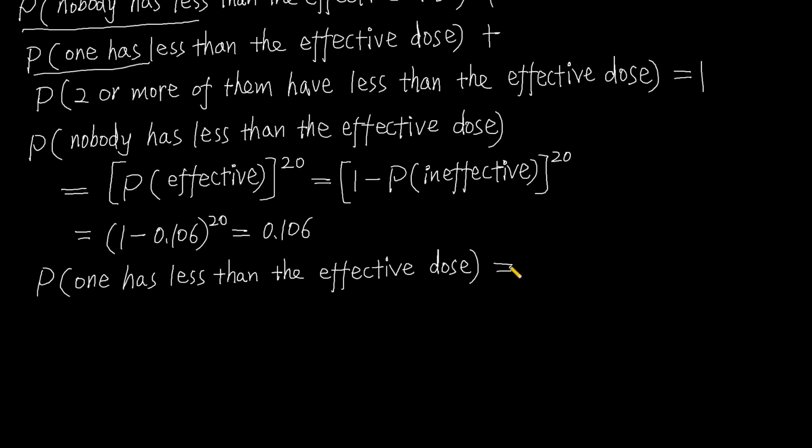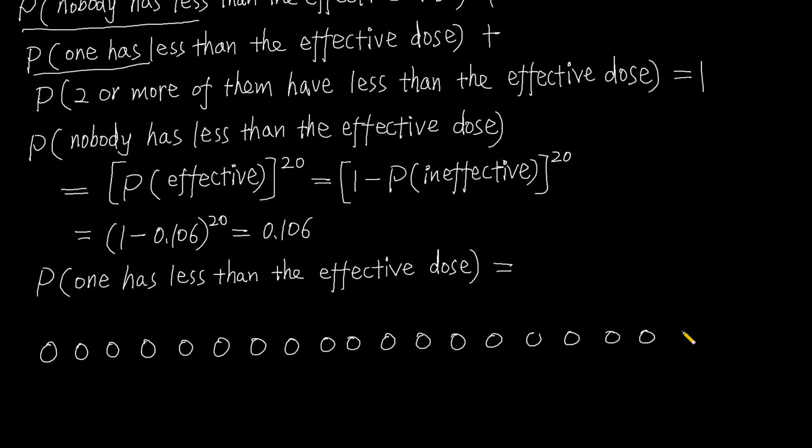Now, the probability that one is less than the effective dose. This probability also has a lot of cases. There are 20 people, we list them here: people 1, 2, 3, up to 20. It can be the first person has less than the effective dose and the remaining people have the effective dose.